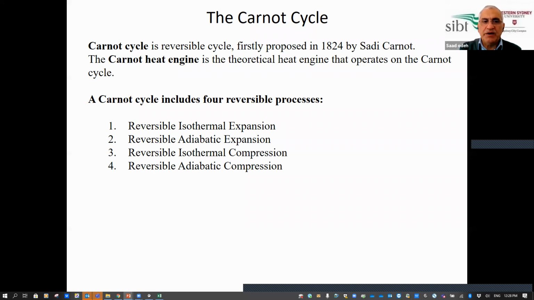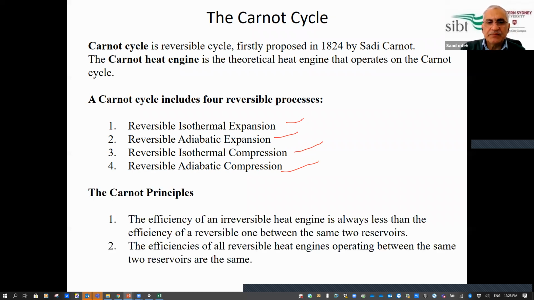All of them are reversible, with 2 expansions and 2 compressions. I will show you on the diagram because it's hard to understand without showing it. But let's just say the Carnot principle: the efficiency of any irreversible heat engine is always less than the efficiency of a reversible one. So the actual efficiency of any engine is less than the Carnot efficiency, or the reversible cycle efficiency.